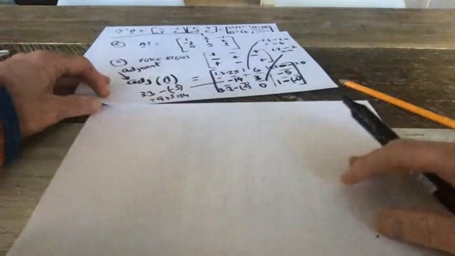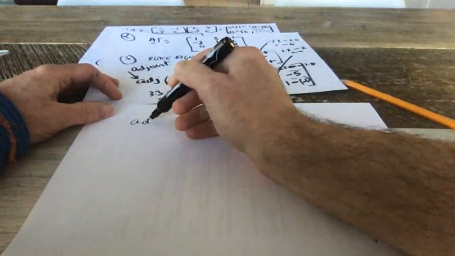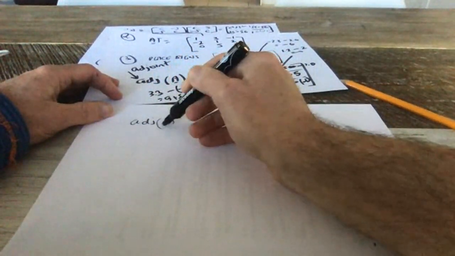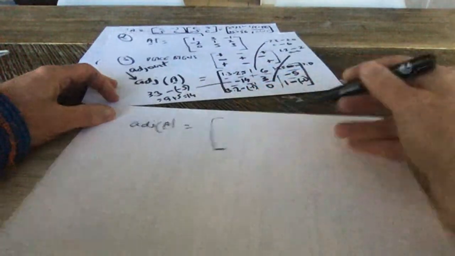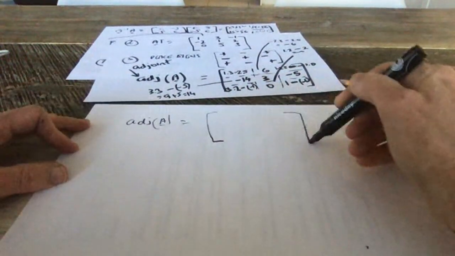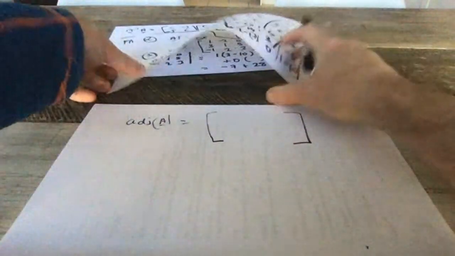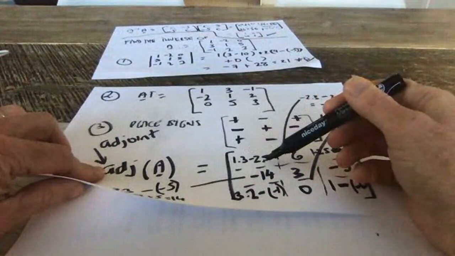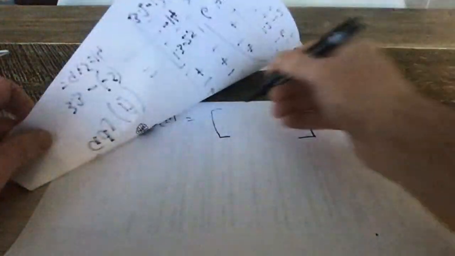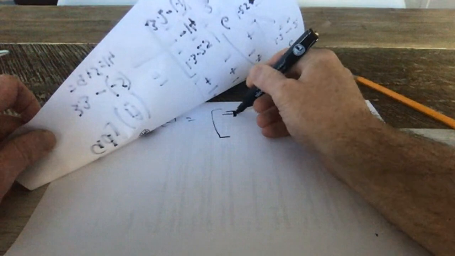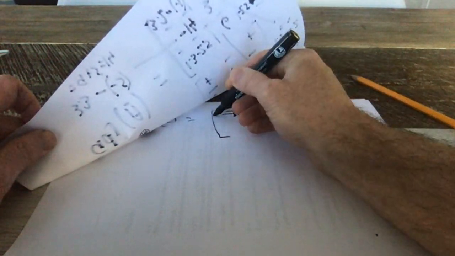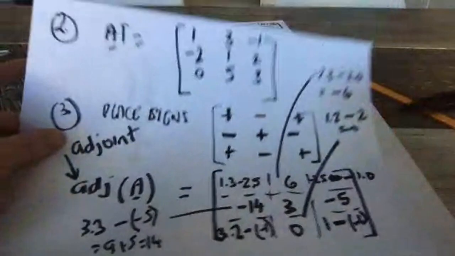So when you do all this calculation, you'll see that the adjoint matrix then is, if you look here, the first entry is 3 minus 10, which is minus 7. It's 6 for the second entry here.